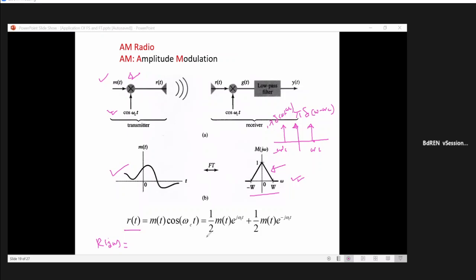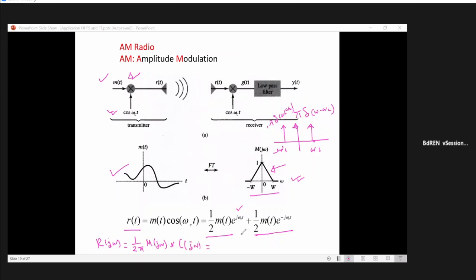Either I use this property of Fourier transformation, that when a signal is multiplied by e to the power j omega t, it will be shifted in frequency. Frequency shift property can be applied there, or you can use the convolution property; both will give you the same result. R j omega would be equal to 1 divided by twice pi, message signal M j omega convolution carrier signal C j omega.